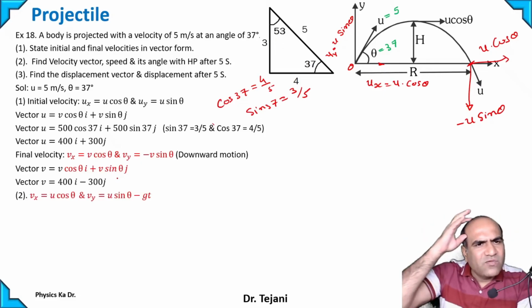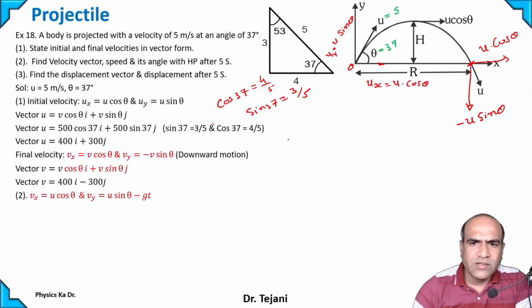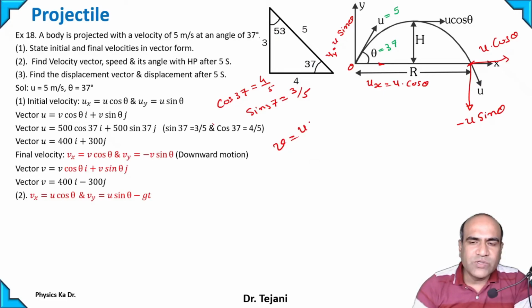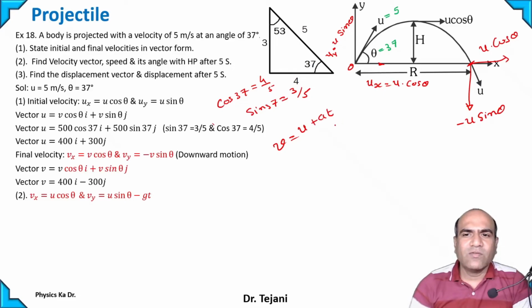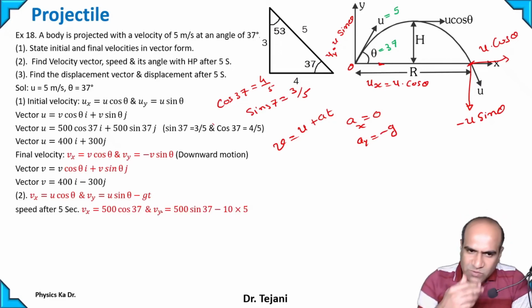Then second, find the velocity vector. So we know that V is equal to U plus at. For horizontal, a is equal to 0, ax is equal to 0, ay is equal to minus g. Put this value here. After 5 seconds, suppose t is equal to 5 seconds.